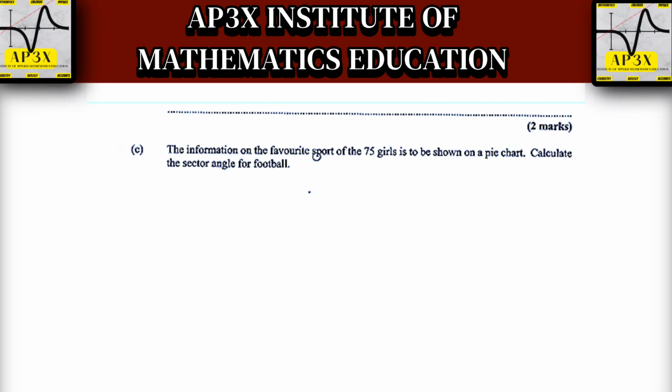The information on the favorite sport of 75 girls is to be shown on a pie chart. Calculate the sector angle for football.